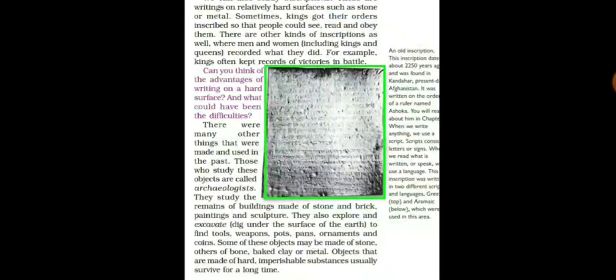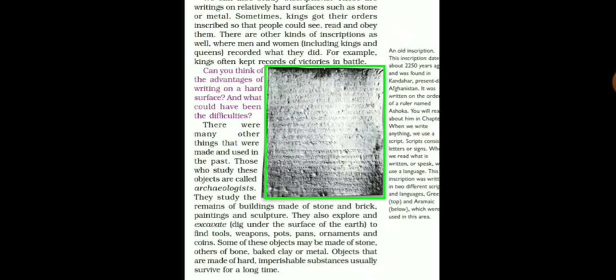Now let me start with, can you think of the advantages of writing on hard surfaces? Definitely. Unlike manuscripts, which are perishable, meaning they can get damaged easily, writing on hard surfaces cannot be eaten by insects, and there are very few chances that it can be damaged by natural calamities.